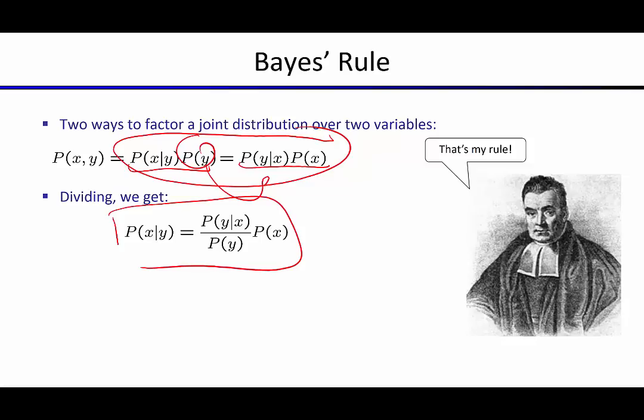If you look at it, all it is essentially just applying the product rule in two different ways and then dividing both sides by p(y). That's all there is to it, but because this thing is used so often, it has its own name, and it's actually useful to know this equation without having to always first go back to how you derive it. Okay?